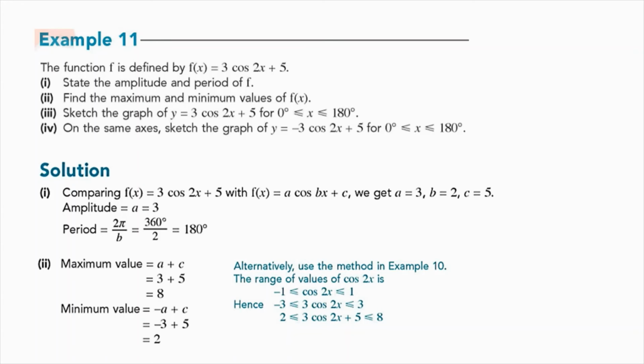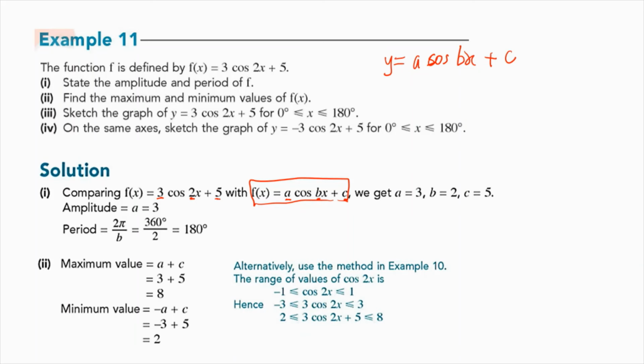Previously we learned y equals a cosine bx plus c. So we can compare, and we realize that the amplitude A is 3, B in this case is 2, and C is 5.